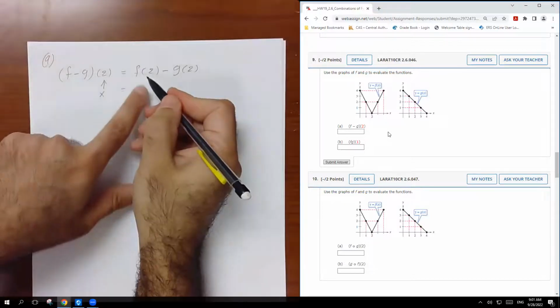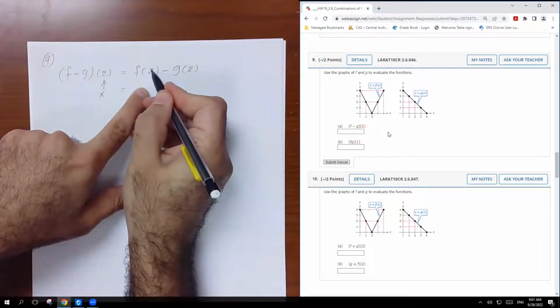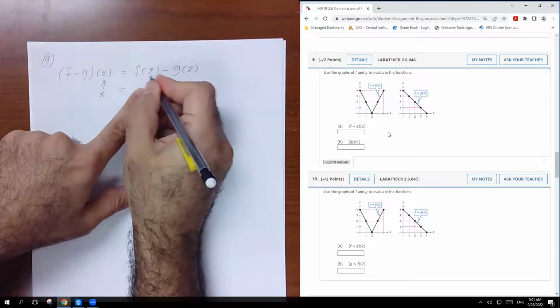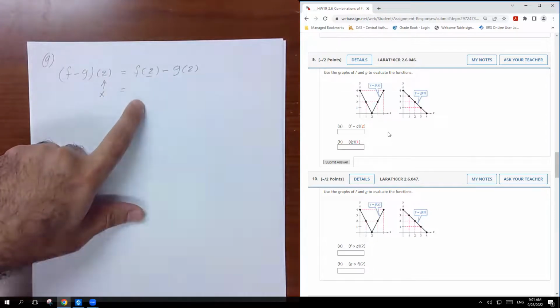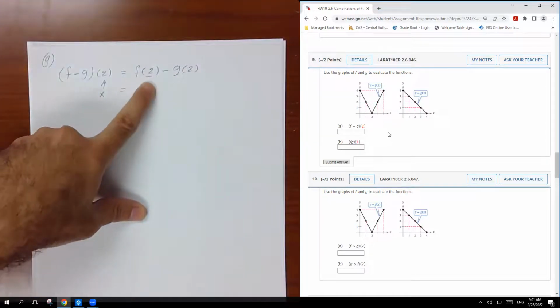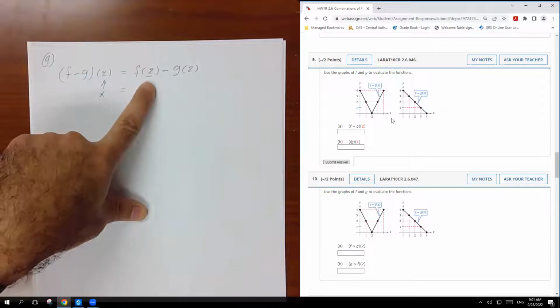Now I'm going to look at the f function: when x equals 2, how much is the y value? Because f of 2 means the y value. So here is the f function, this one. When x equals 2, here is 1, 2. How much is the y value? The graph is not going up or down. It stays here. That means the y value is 0.